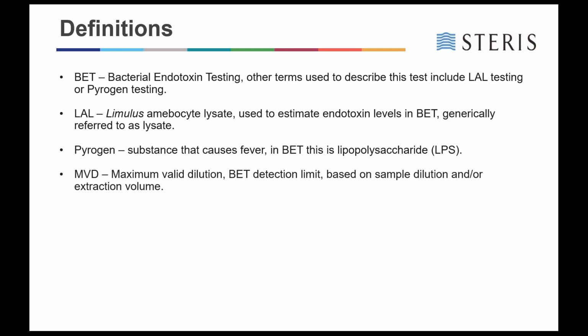Next very important term is MVD or maximum valid dilution. This is a term that influences our BET detection limit and is based on the sample dilution and or also the extraction volume used to extract bacterial endotoxins from a product sample.